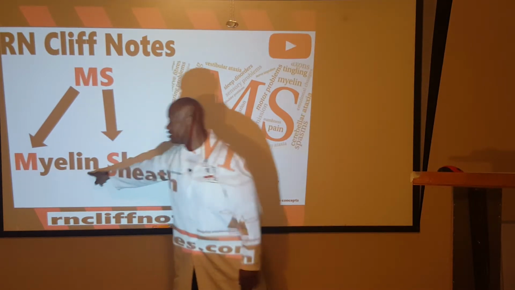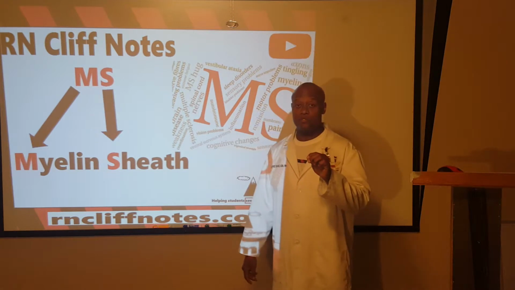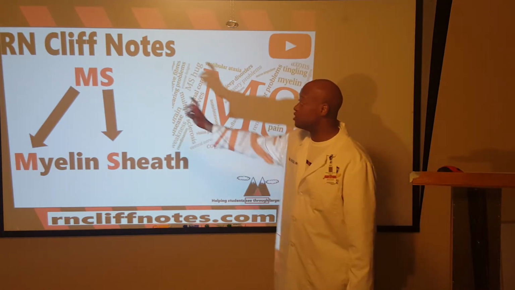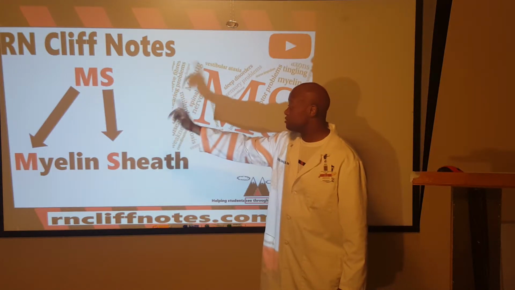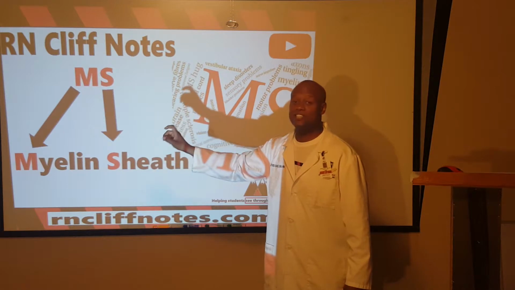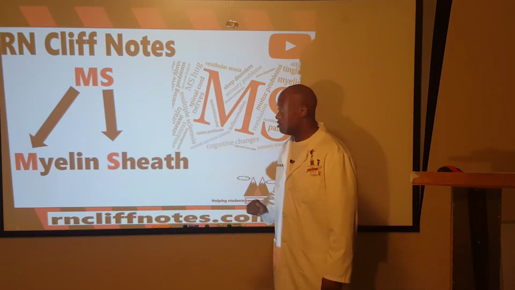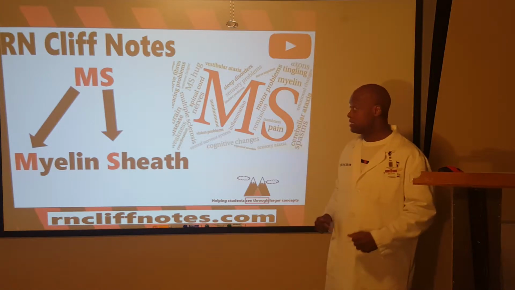Myelin sheath, which we're going to talk about in a minute. This is the way I teach you that this is a problem. Sure, it's multiple sclerosis, so it's a problem where? At the myelin sheath. So good, MS. You'll remember it when it's time.